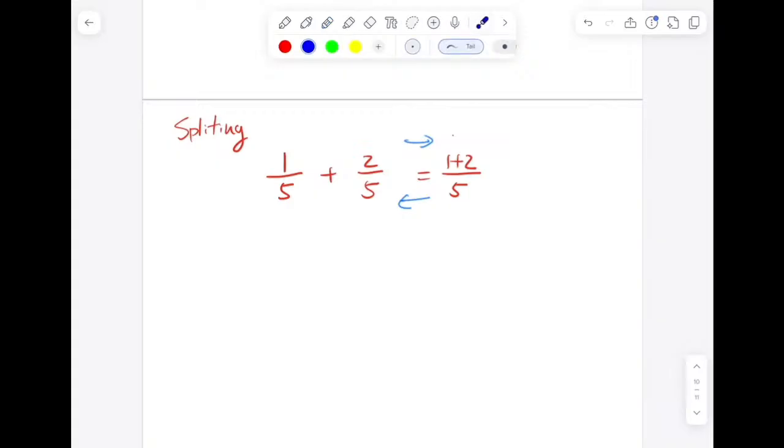What I mean by that is, if the top has 2 terms and the bottom has 1 term, then I can split it into 2 individual fractions. Why is that important?